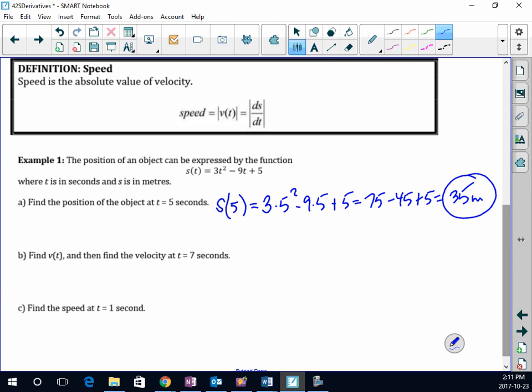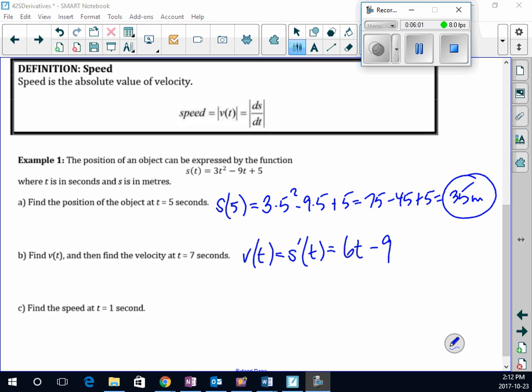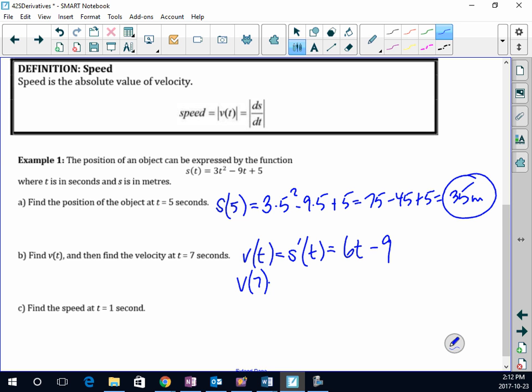How do I find v of t? That is the first derivative of position. So who can tell me what the derivative of position is? 6t minus 9. Does everybody get 6t minus 9? Okay, so now if I want to find the velocity at 7 seconds, I'm going to be finding v of 7.